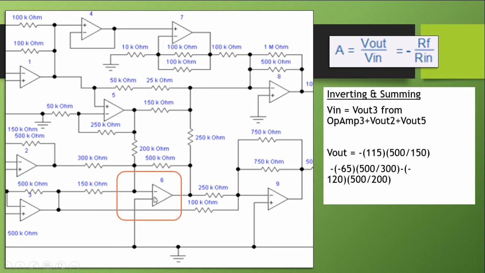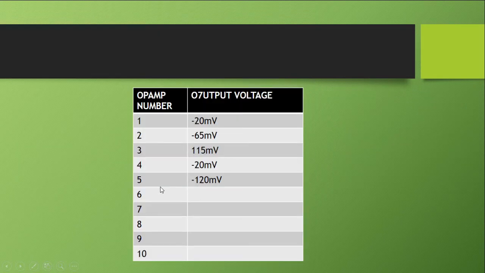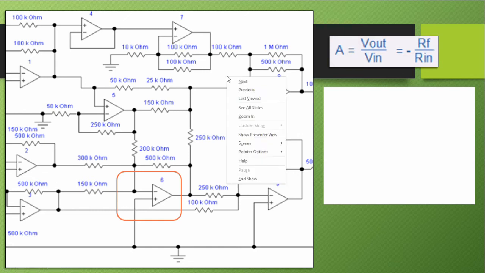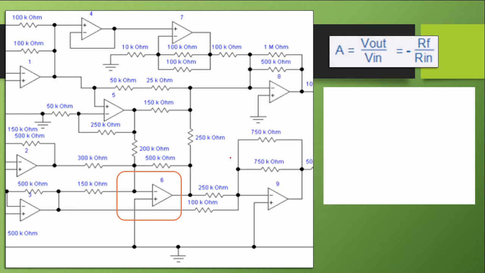For op amp 3, let's check, op amp 3 is 115. So this is 115 millivolts for op amp 3.